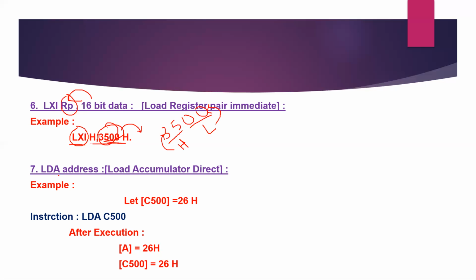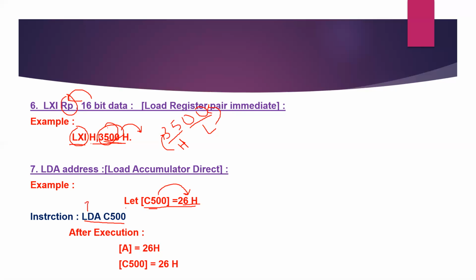Now next instruction is LDA address, load accumulator direct. This instruction will load the accumulator with the content of the memory location whose address is given in the instruction itself. For example, let C500 equal 26H, means at this address the data stored is 26H. Our instruction is LDA C500H.